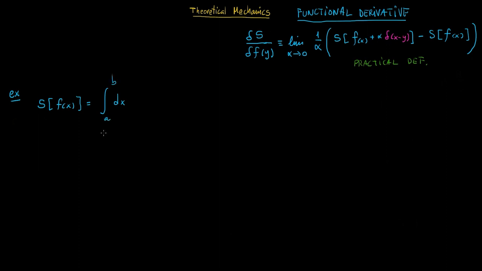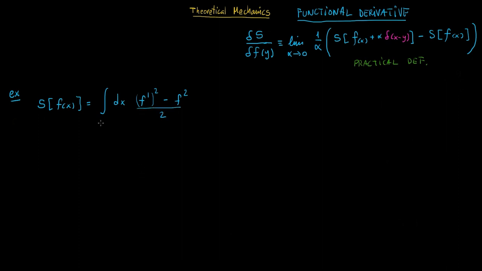I will get rid of this a and b for lazy reasons, but don't forget that there is a lower limit and upper limit. So suppose you have f prime squared minus f squared, divided by 2.